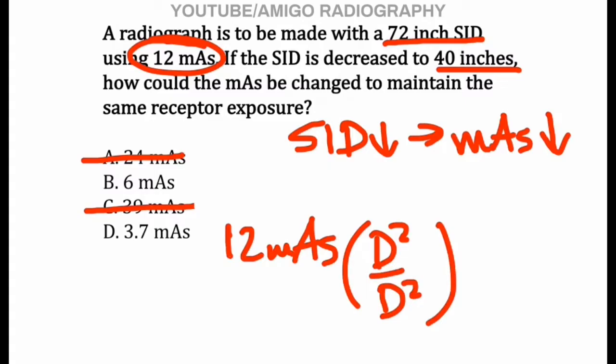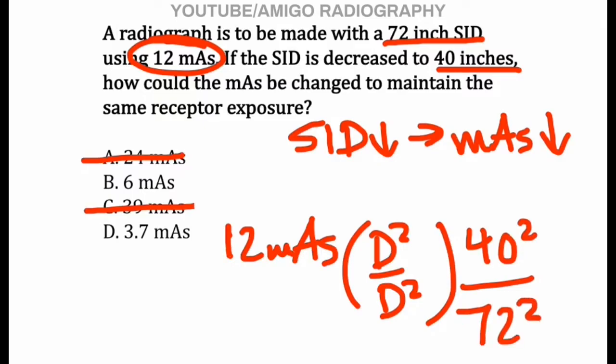But which distance do we put where? The thing that I always remind students is that we have to put the distances in the place that gives us the correct answer. We know that if our SID is decreasing, our mass must decrease. And so we can accomplish that by putting 40 squared here, 72 squared here, and that's going to give us the answer of 3.7 mass.